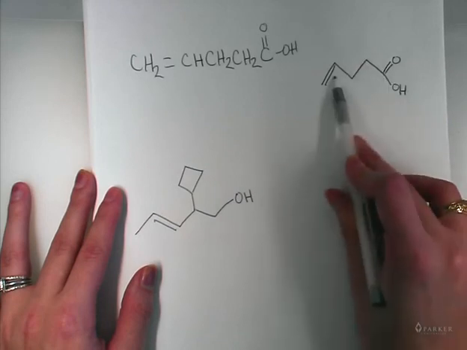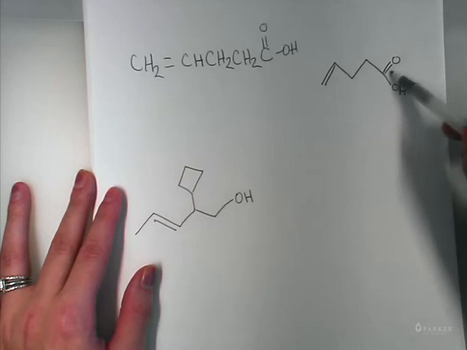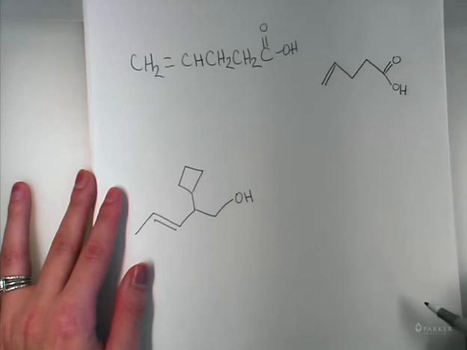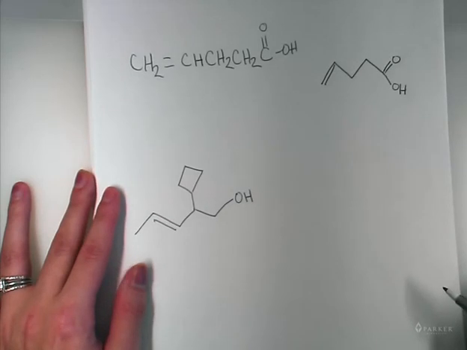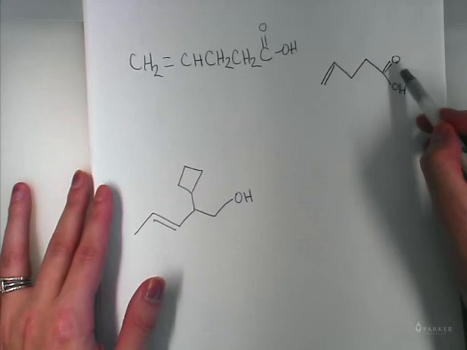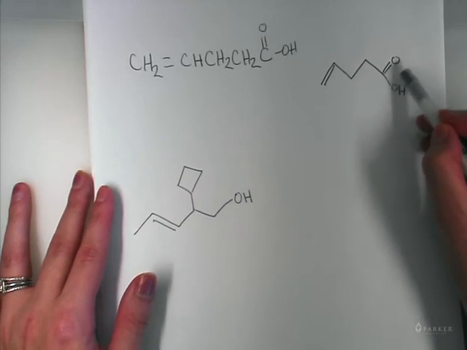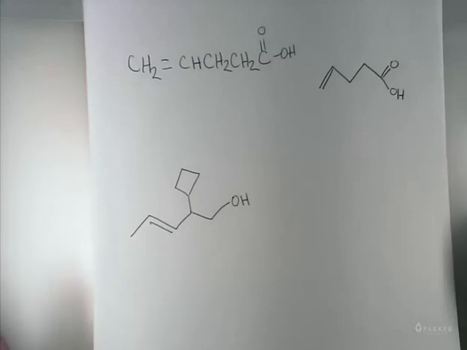The first carbon has a double bond, and the last carbon has a double bond OH coming off of it. No, it does not matter. As long as that double bond is connected to that carbon, it can be pointing up, down, left, right. That doesn't matter.